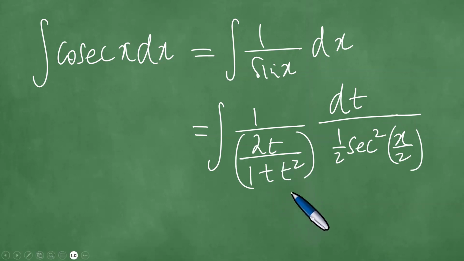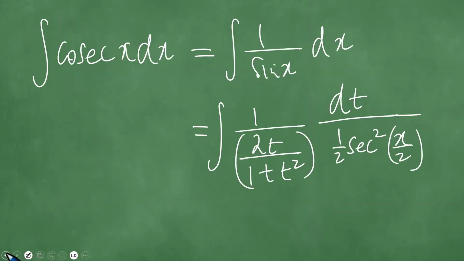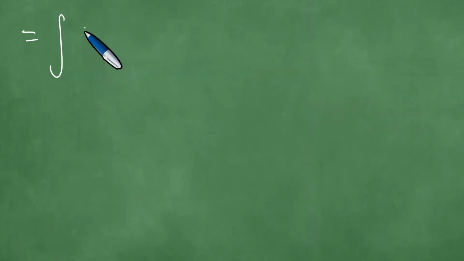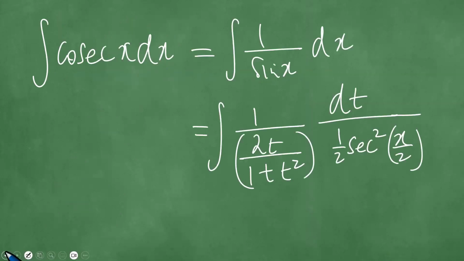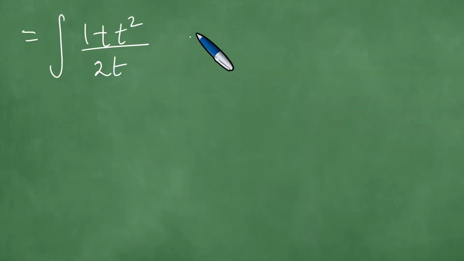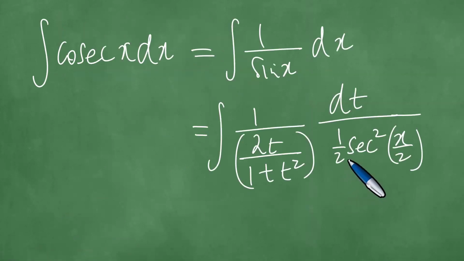In other words, this is equal to the integral of, now this here can be inverted to 1 plus t squared over 2t, and then you have dt over 1/2, but now this one can be written as 2 dt over the secant squared of x over 2.